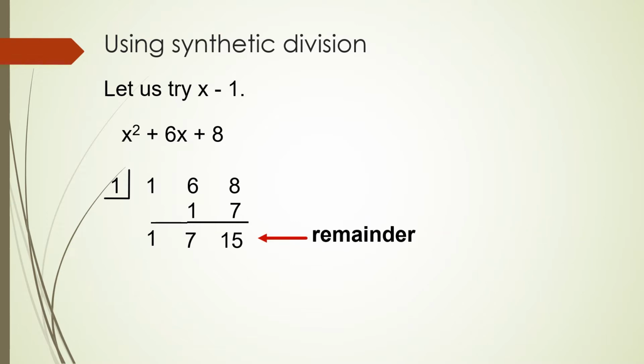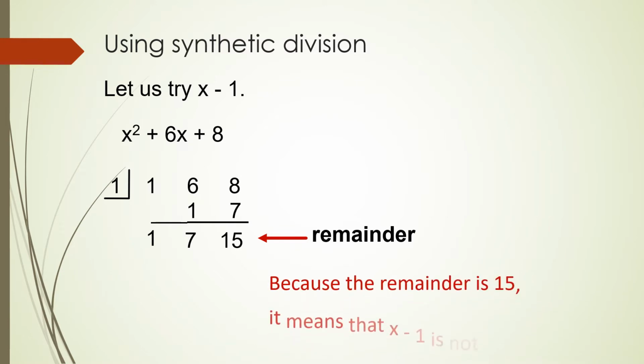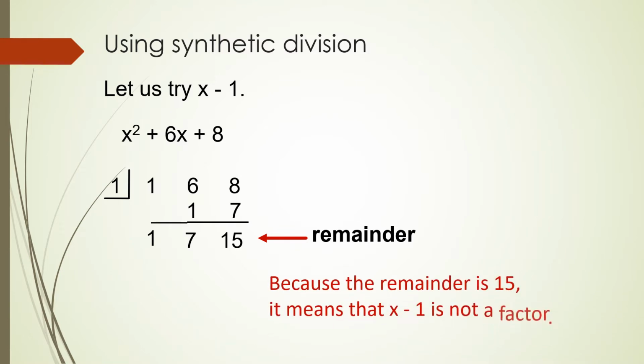Therefore, if the remainder is 15, it means that x minus 1 is not a factor, because according to the rule, it is only a factor if 0 is the remainder. So x minus 1 is wrong.